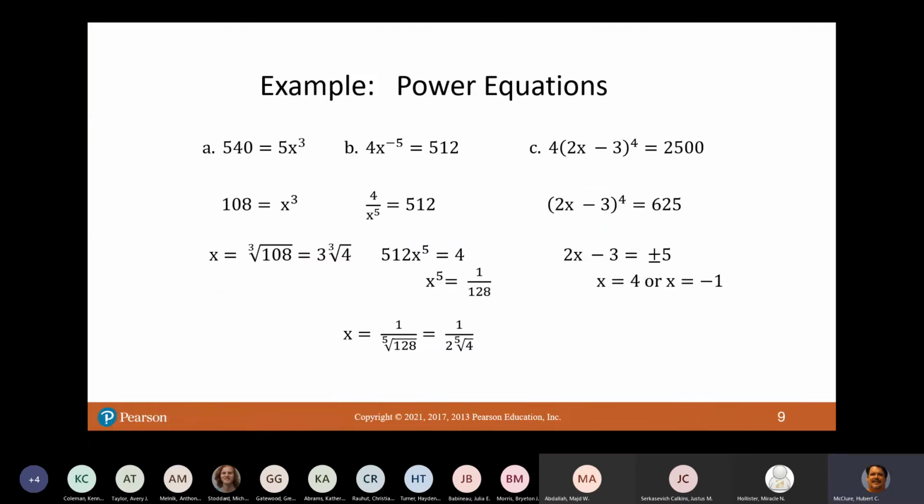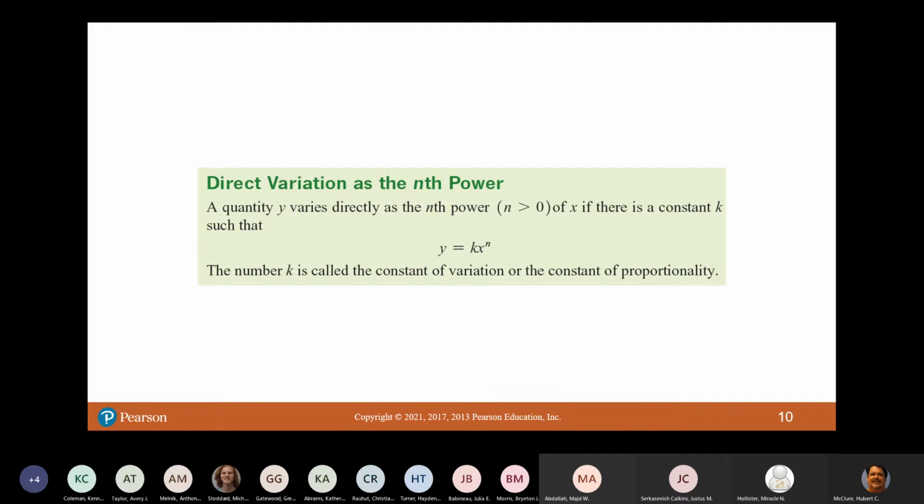There's power equations. Direct variation, I've already showed you that. I didn't know they were going to go into direct variation, or variation, with this book.